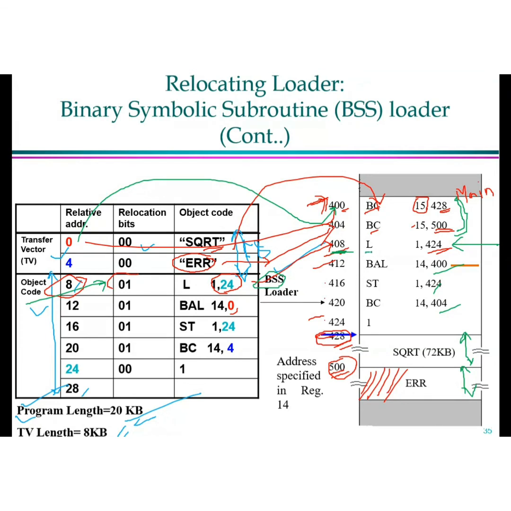So your processor will read the first instruction, load the value of memory location 424. So 424 पे क्या है value? 1. So this 1 is loaded in register 1. Register 1 में value गया 1. Okay. Then you are going to branch to location 400. So you will be branching to location 400. Okay. Just a minute.